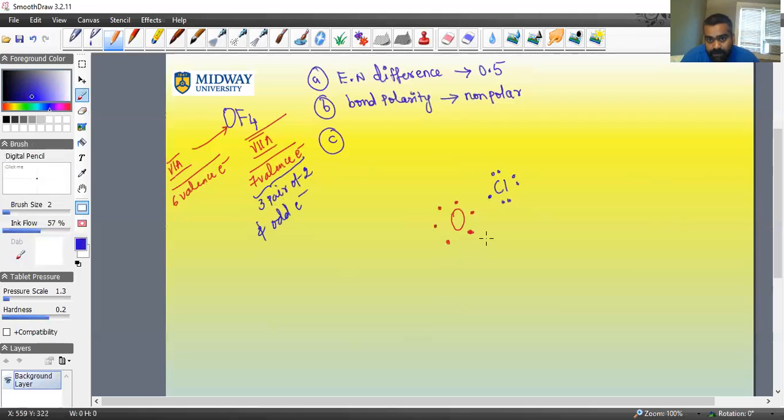I prefer to do it either clockwise or counterclockwise. That's my way of doing it. There's no right or wrong way about it. You can go clockwise, counterclockwise, or random. This is as abstract as chemistry can get, and I don't think you have to really follow a certain sequence.